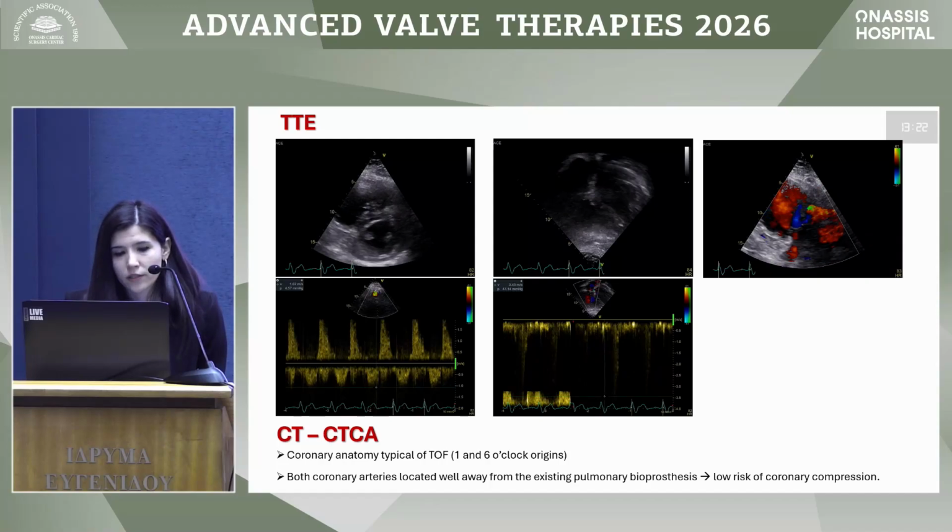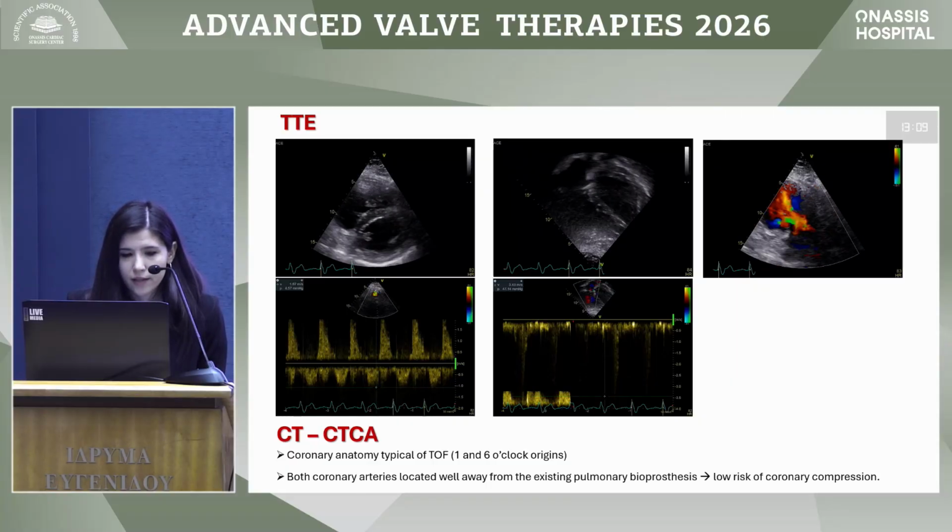Now the echo, as you can see, we have a really importantly dilated right ventricle with impaired systolic function and a moderate stenosis and regurgitation.